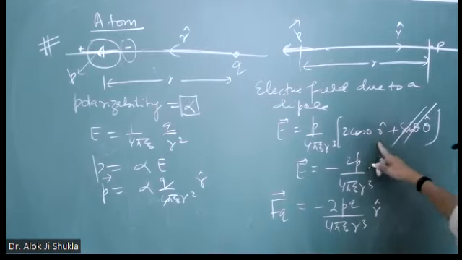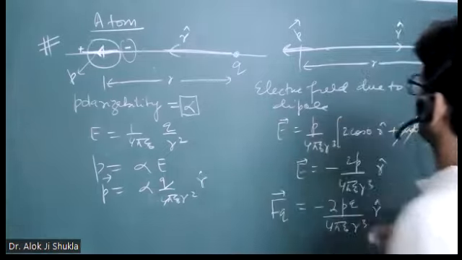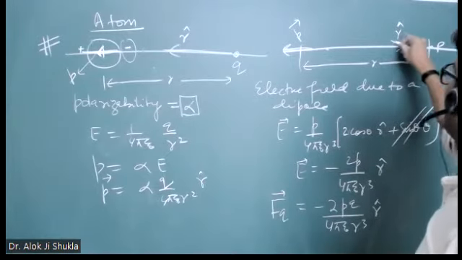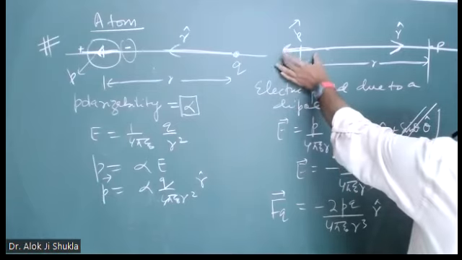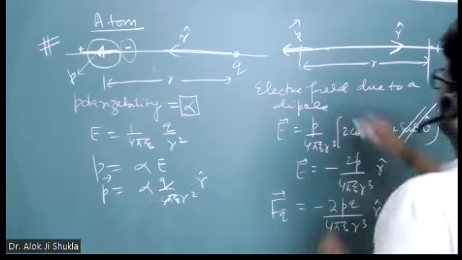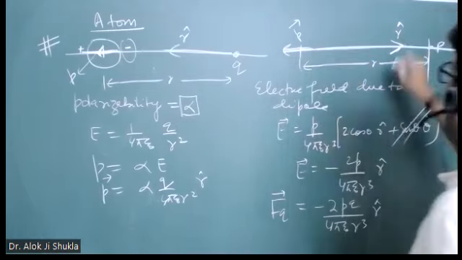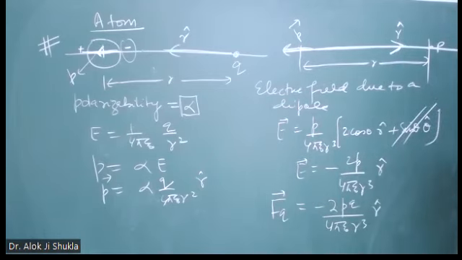This is not the same R cap, understand? When I wanted to find the field, this is R cap. Understand this thing properly. Right now, when you want to apply this dipole field here, then R cap is away from the dipole, right? So this is the force.